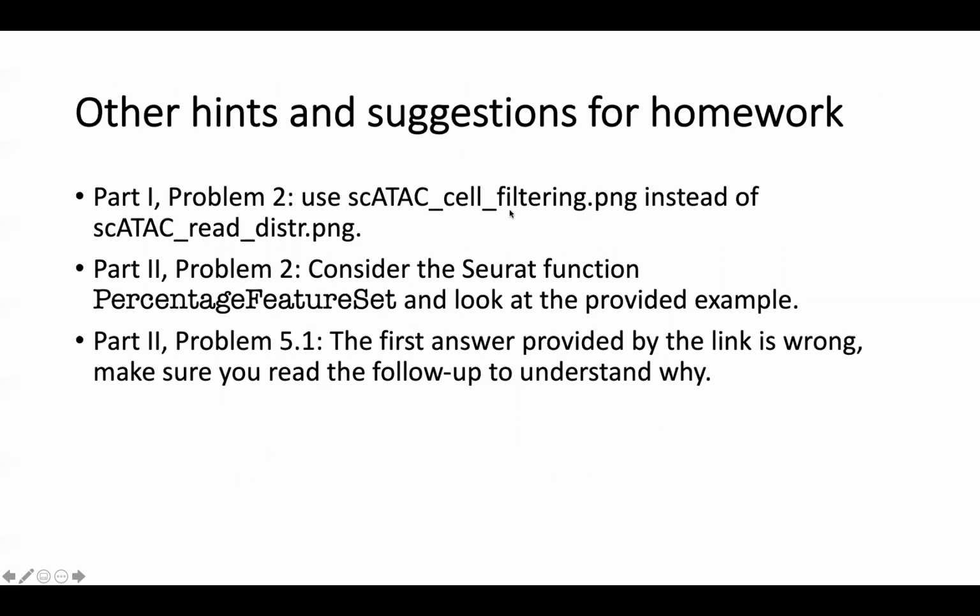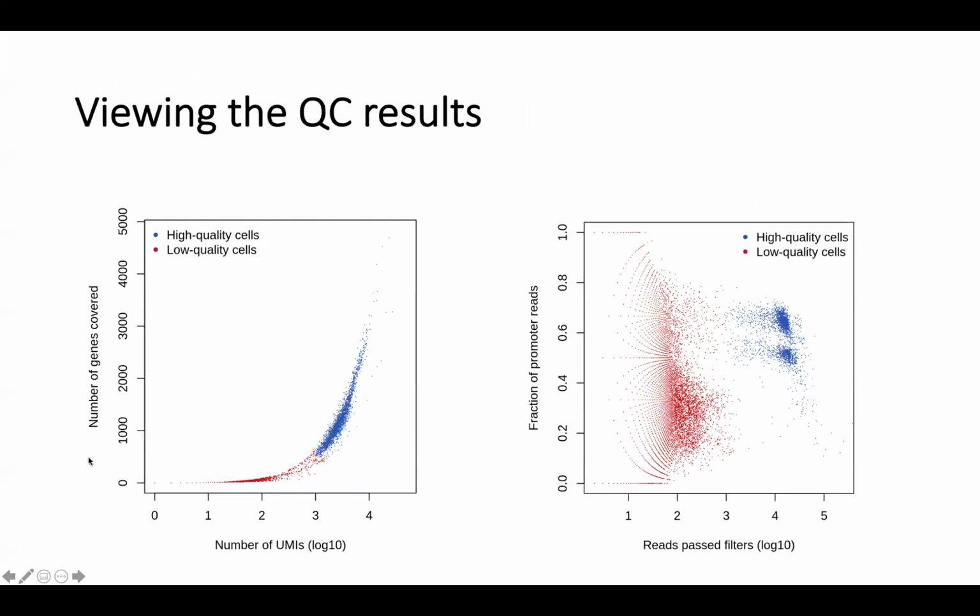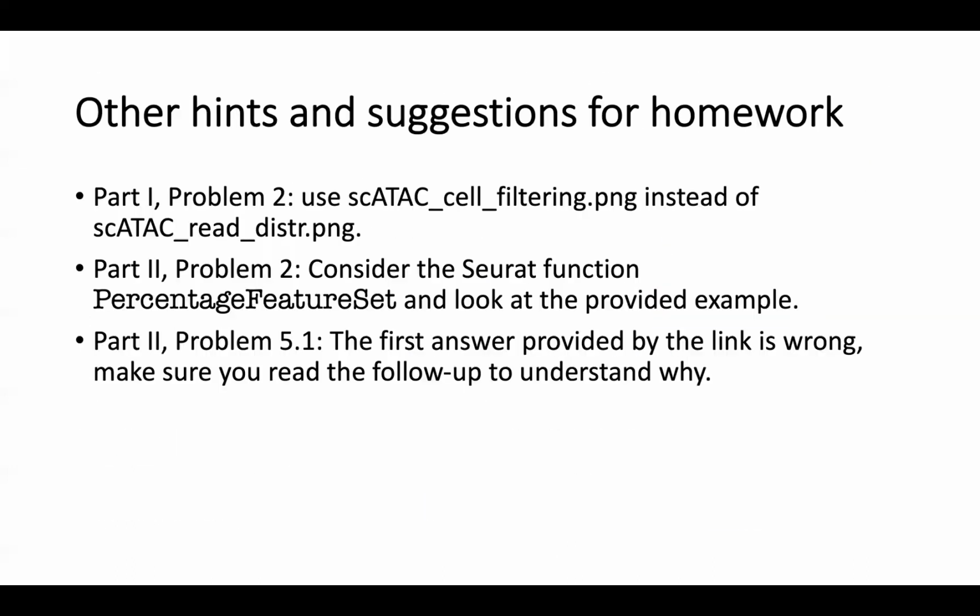We do want the cell filtering plot instead of the redistribution plot. So it should look like this. That's the cell filtering plot. The redistribution plot is a bar graph showing what percentage of reads are uniquely mappable. You shouldn't give that. Instead, give this.